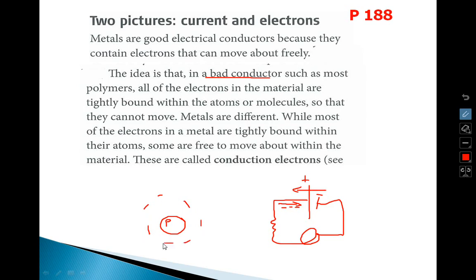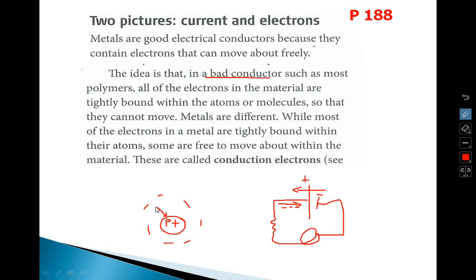Electrons are negative and protons are positive. The electrons move around the protons. In bad conductors, such as most polymers, all of the electrons are tightly bound to the protons, so they are not easy to move.